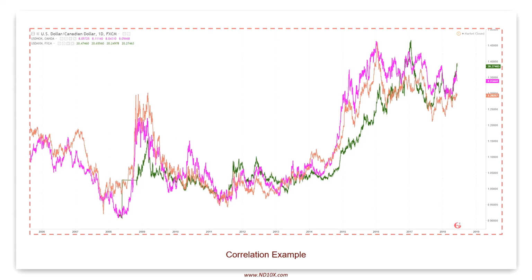Also, why it's helpful to know the correlation is that you can always find a backup thing to trade. For example, maybe you found a good trade setup on, let's say, dollar CAD, but your risk reward is just 1.1.